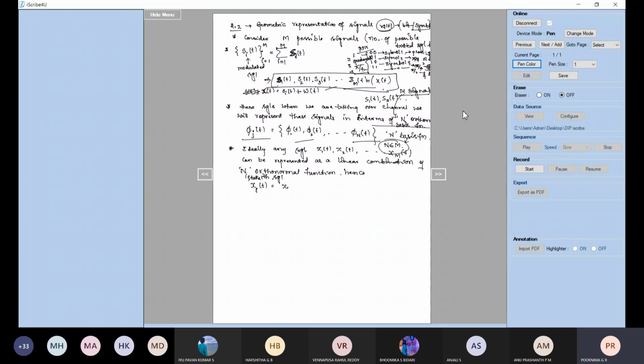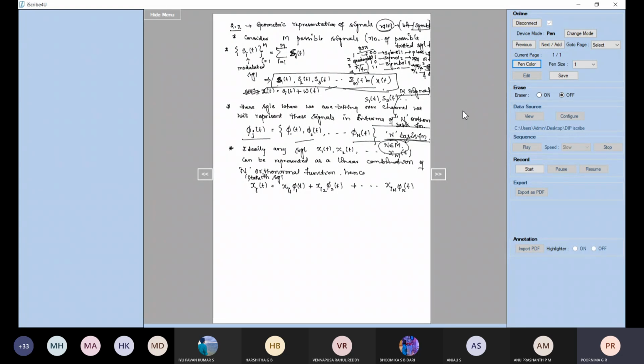It will be multiplied individually with the n basis functions. So the first one let me take as phi1 of t, xi2 phi2 of t, plus etc., xin phi n of t.